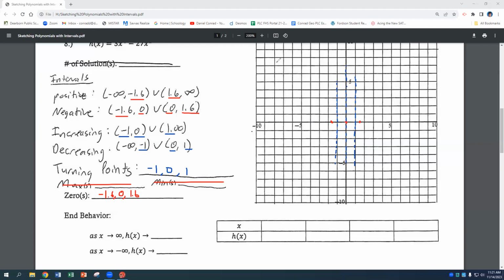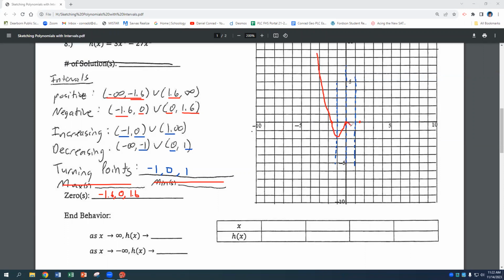Now let's graph. At the very beginning I'm going to start positive, from negative infinity to negative 1.6, so I'm above the axis. Now I go down, through the x-intercept, until I hit a turning point, the blue dash line. Now I go from decreasing to increasing, up until the next turning point at 0, which is also an x-intercept and a turning point.